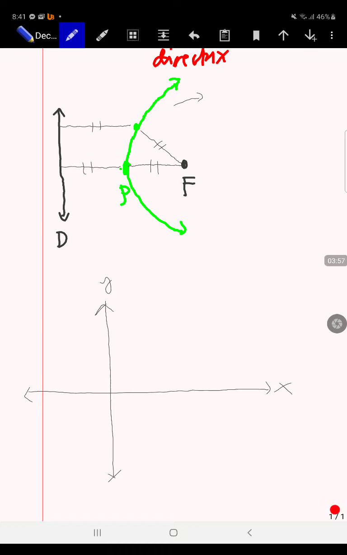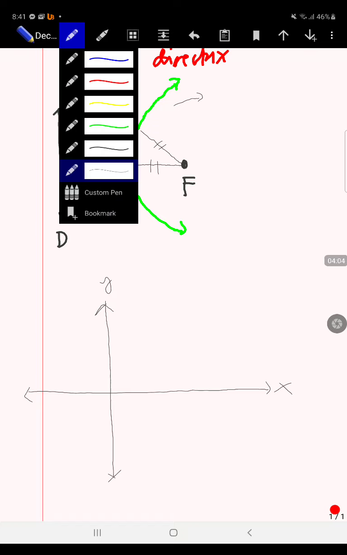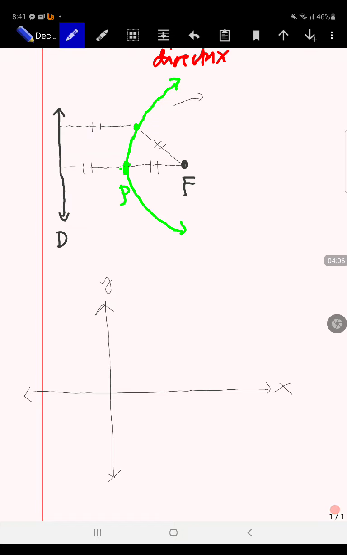But to simplify, let this extreme point coincide with the origin. Then the focus would be somewhere here. Let's call that point F, and the fixed line, which is the directrix, would be somewhere here. Let's designate it with a D.